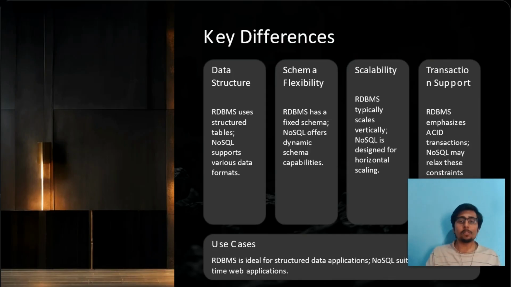Now let's come to the real world example of NoSQL. Like how I gave bank retail transactions for RDBMS, the same way a real world example for NoSQL is, let's say, Netflix.